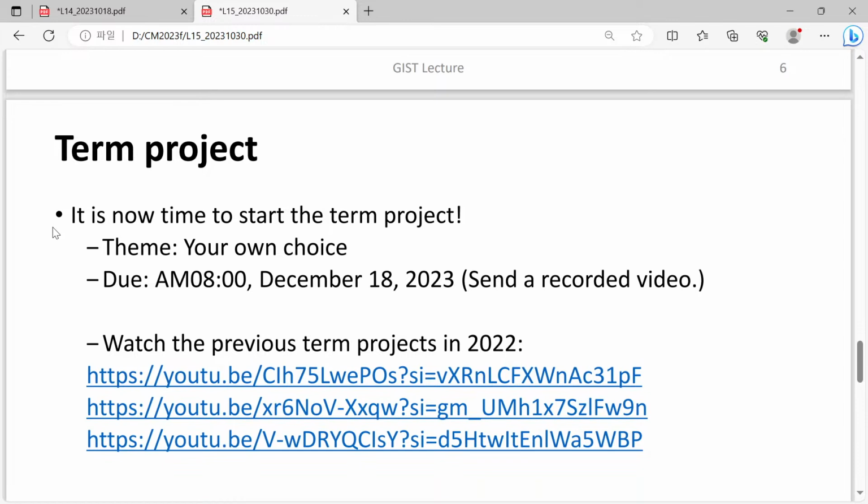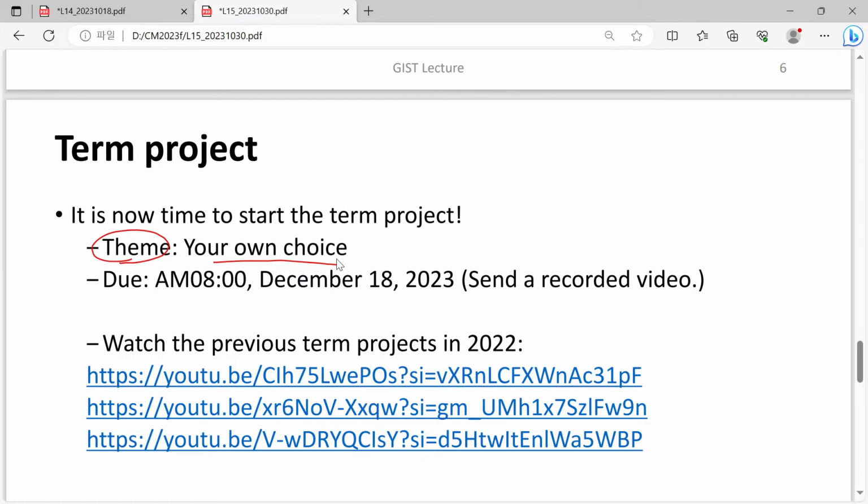Okay, so now it's time to announce our term project. The most important thing is the theme is your own choice. I think that you have different backgrounds. Some of you came from ECS, some of you came from the physics department, and some from material science.